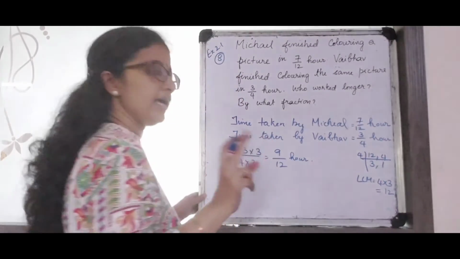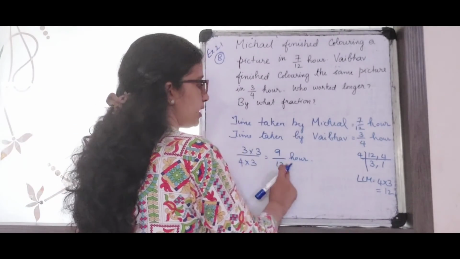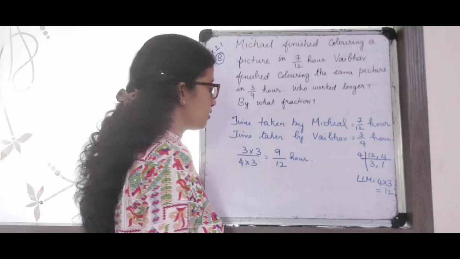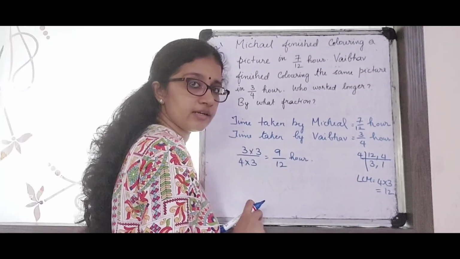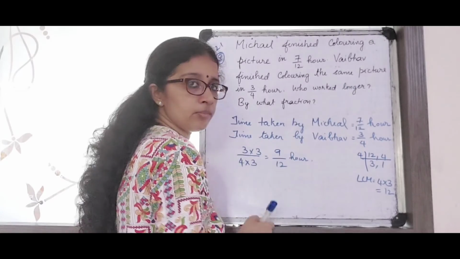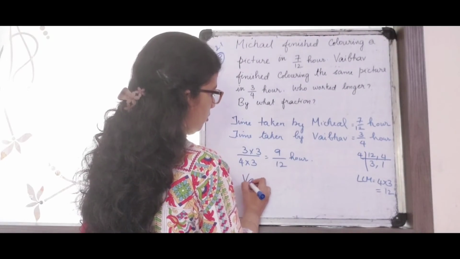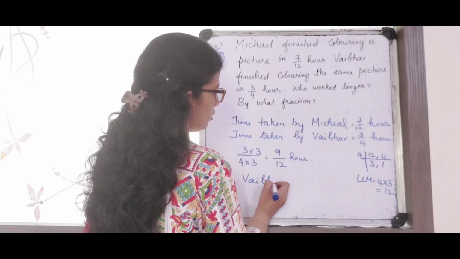Okay. Now we can directly compare. Which is greater, 7 by 12 or 9 by 12? So 9 by 12 is the greater one, right? So who worked longer means Vaibhav worked longer.